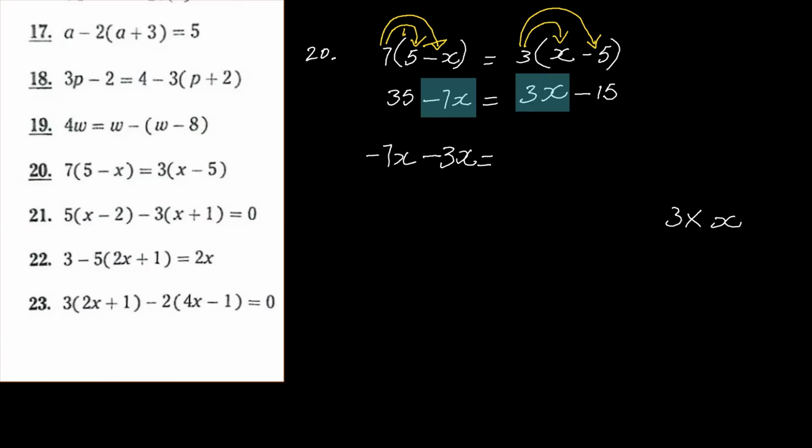We're by far not done. So we have the numbers now, which are the -15 and the 35. I am going to keep them on one side. The -15 is still on the right-hand side, so it remains -15. But the 35, when I bring the 35 across, is it +35 or -35?